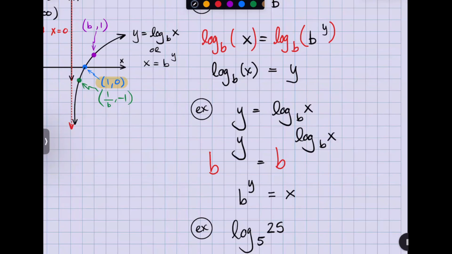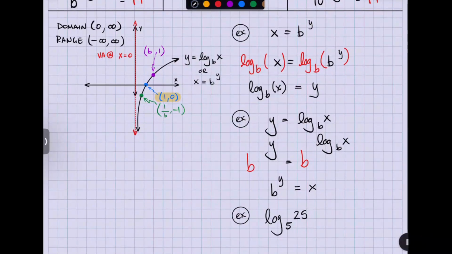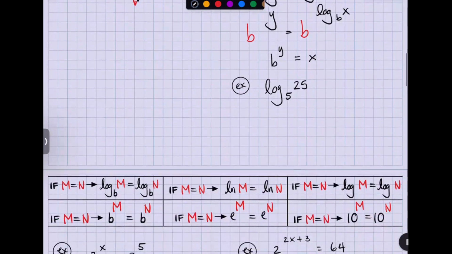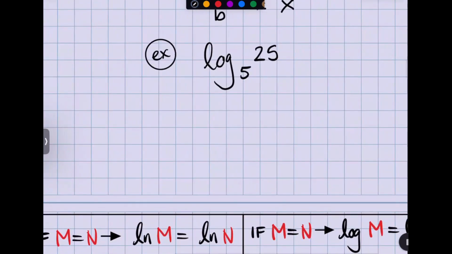The picture on the left is just to remind you guys of the logarithm graph. And then same thing here. Anytime I have this right here, there's no other side, so I can't say 5 raised to the log base 5, because I can't do 5 raised to something on the other side.